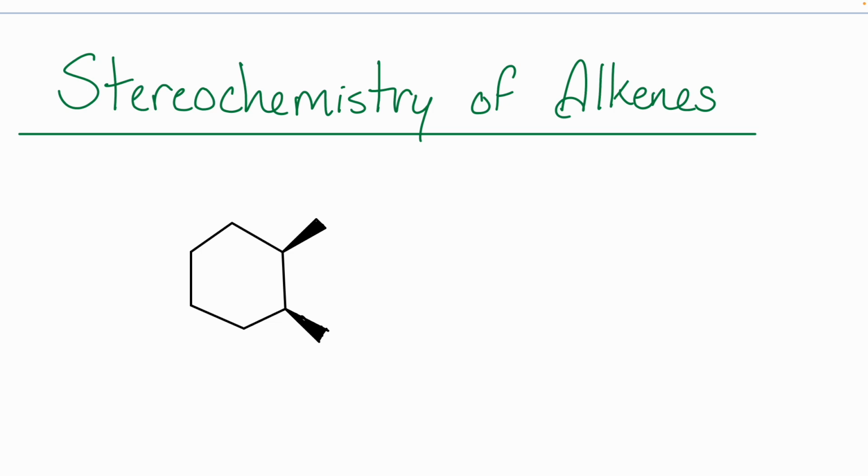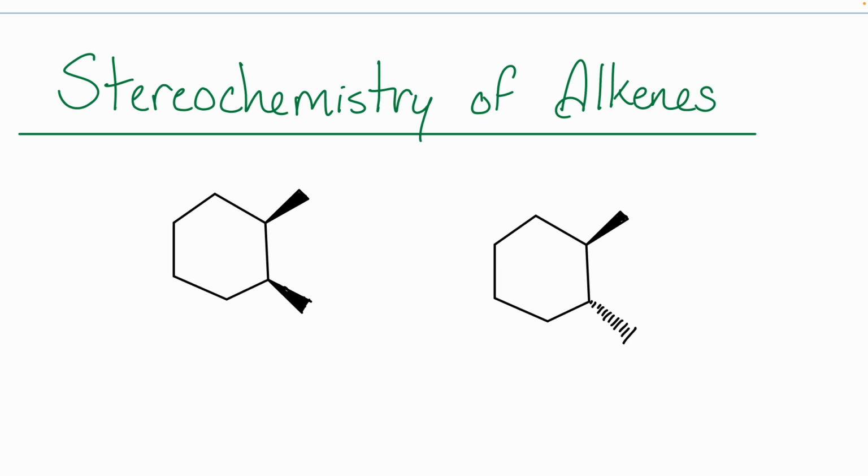And this molecule is distinct from if we had one pointing out and one pointing in. And we had fancy ways to distinguish between these 2 stereoisomers here. We called those the cis and the trans isomers. So everybody take a second and label these structures here.